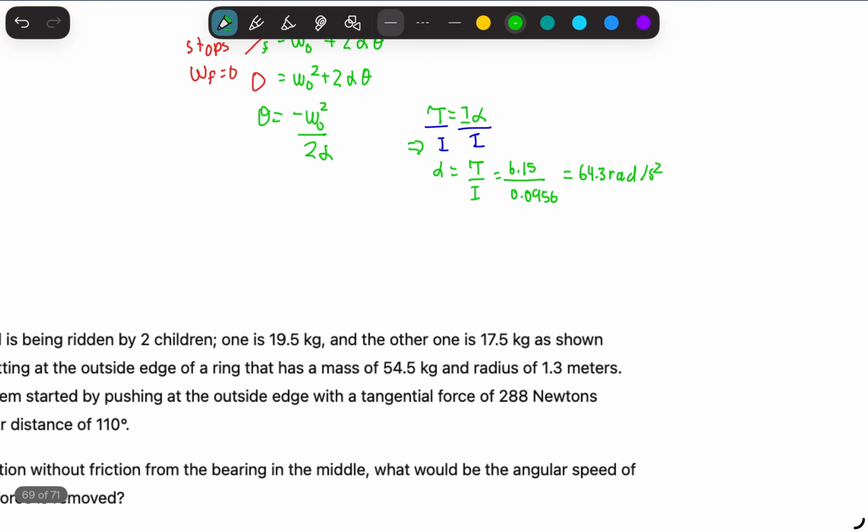Now we have that theta is equal to negative omega squared.